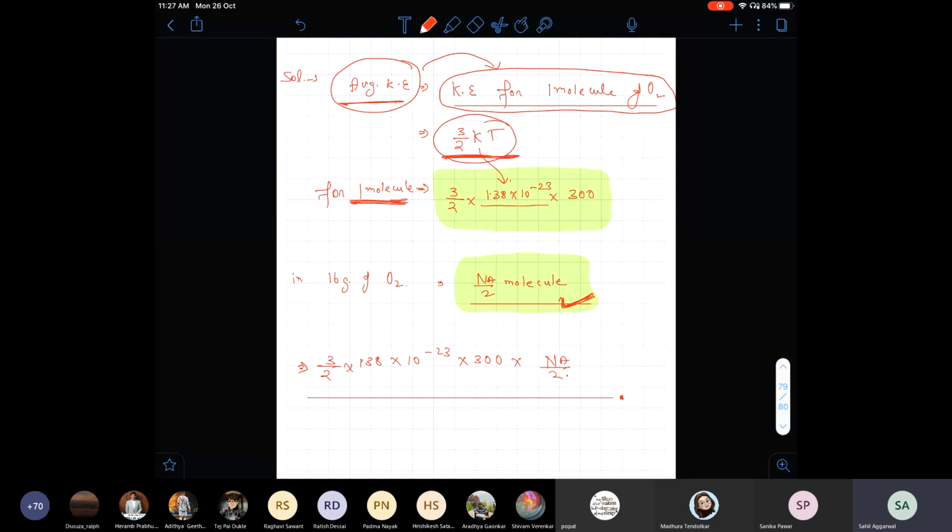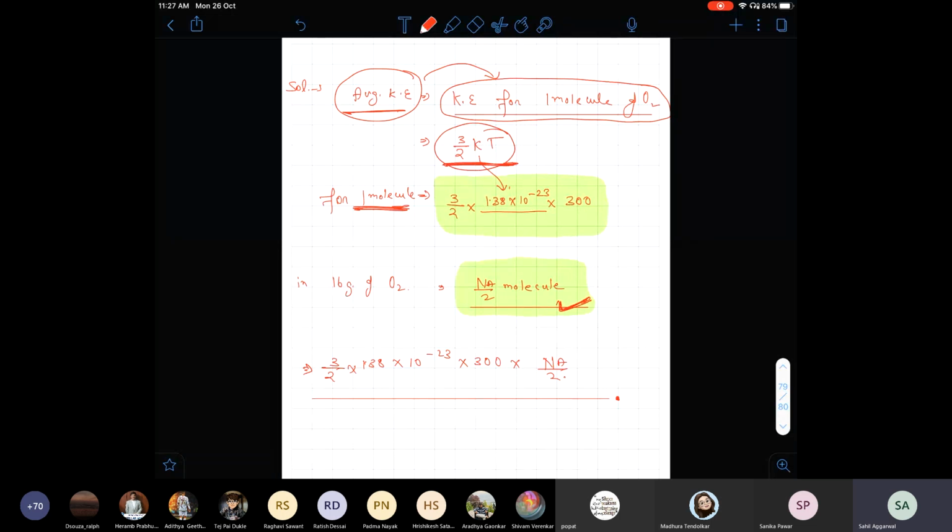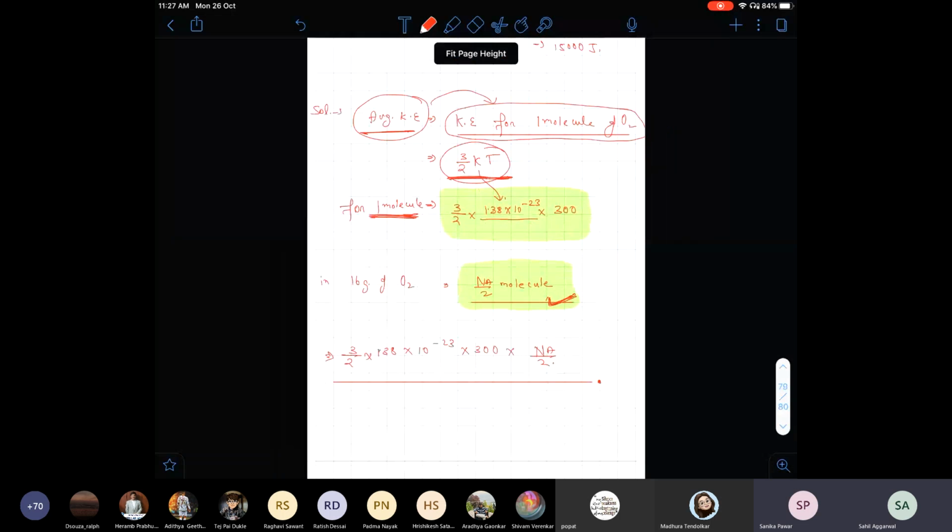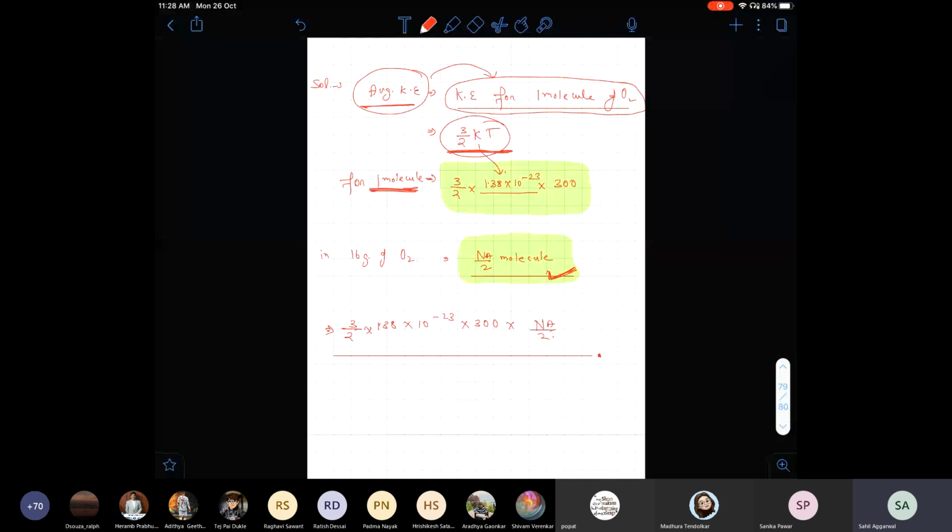Okay Sanika. Who was that? How did you do the calculation, Madhura? The power of 10 should have cancelled. 3/2 into 1.38 into 10 to the power minus 23 into 300 into 6 into 10 to the power 23 divided by 2.